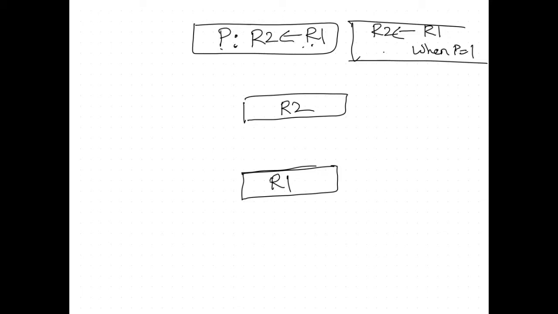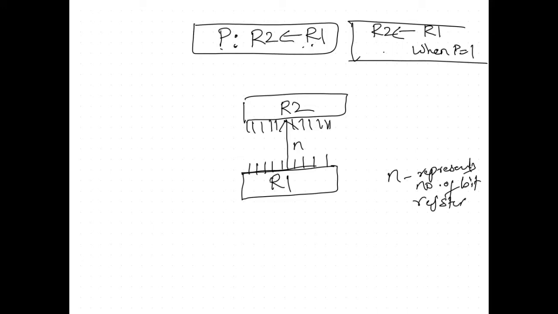So the n outputs of R1 are connected to the inputs of the R2 register. See here I am writing n. What does this n represent? N represents the number of bits of the register.